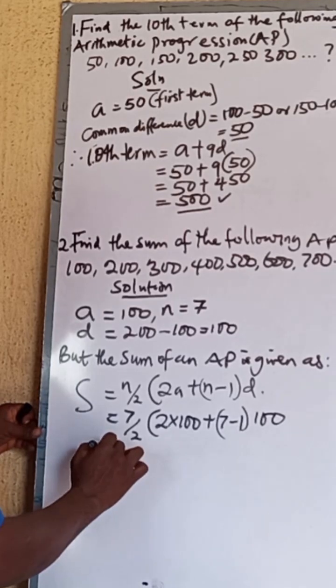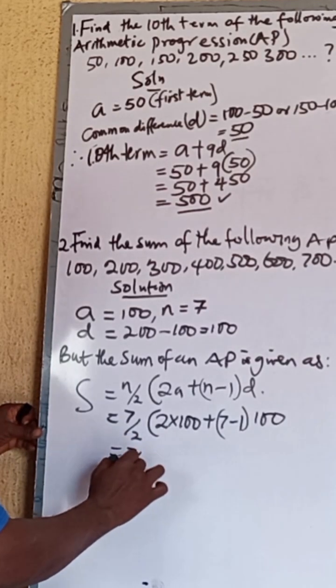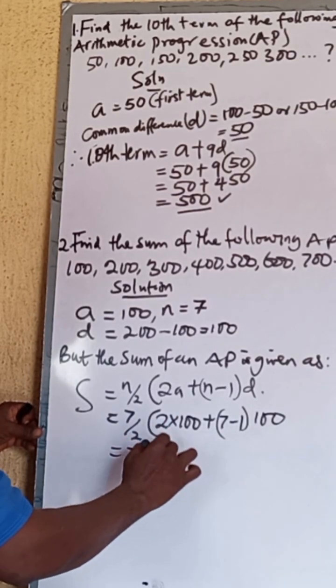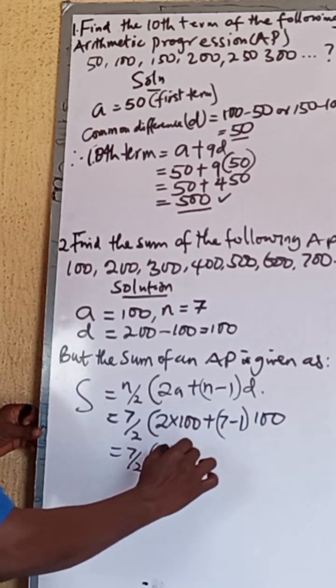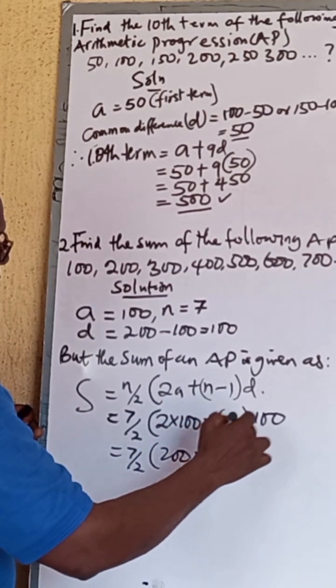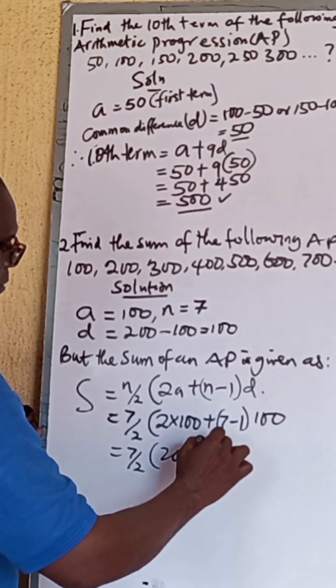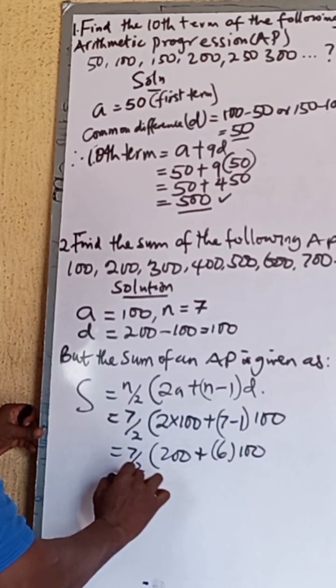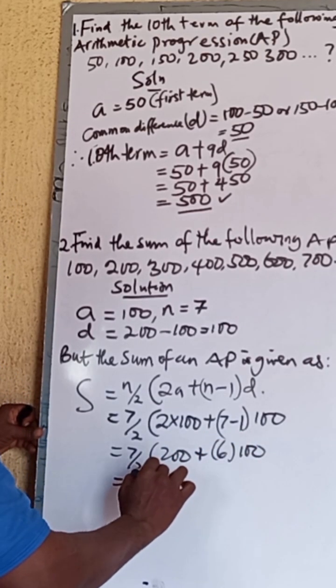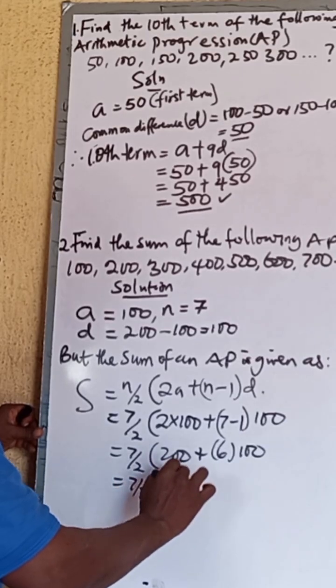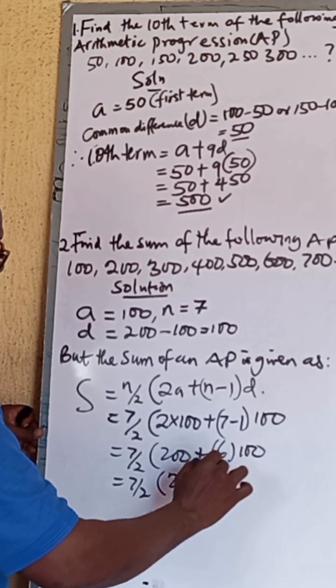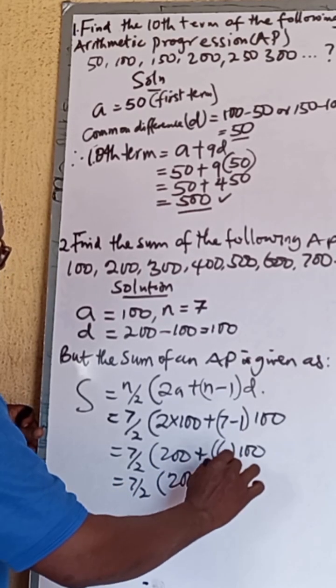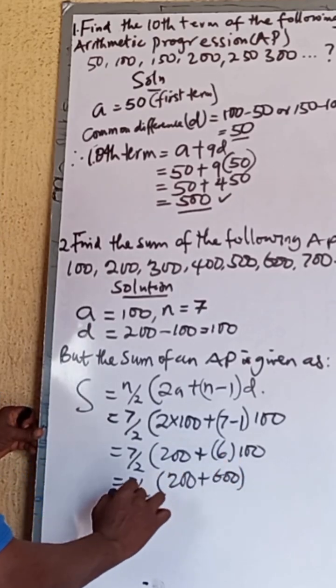So we have 7 over 2 into 200 plus 6 times 100, so 7 over 2 into 200 plus 600. Quite simple. So this is 800.